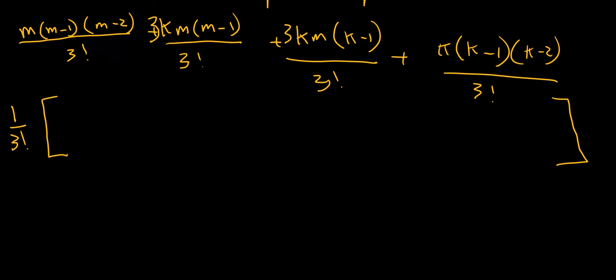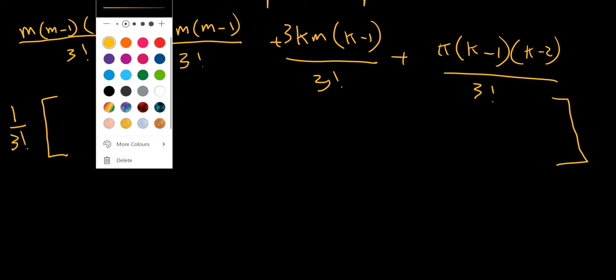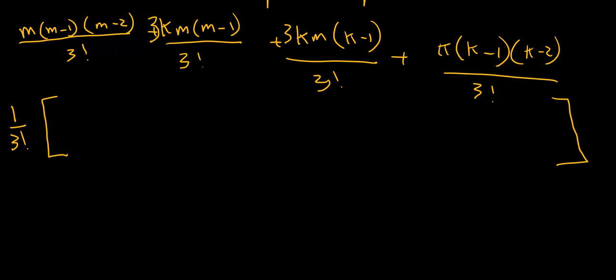Okay, so let's do the expansion step by step. Okay, so we've got m squared subtract m subtract 2, 3km squared subtract 3km.